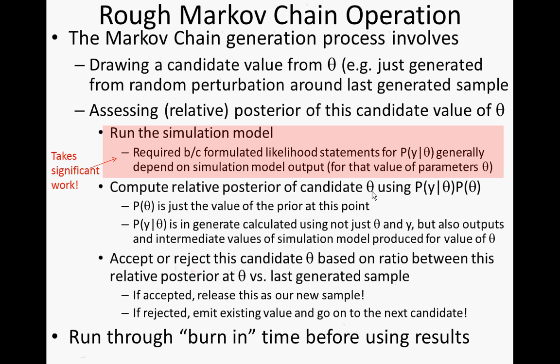By contrast, if we're in regions of space where things are very unlikely to occur, then this ratio will typically be smaller, will more typically reject, and so we'll tend to sample those things less. So this algorithm provides its own internal throttling such that it will emit more frequently things that are more likely to occur, and less frequently things that are less likely to occur.